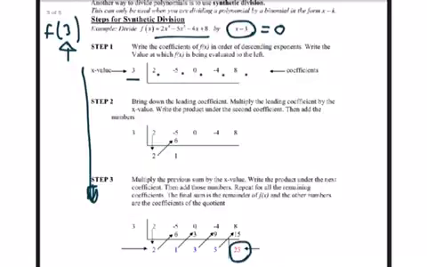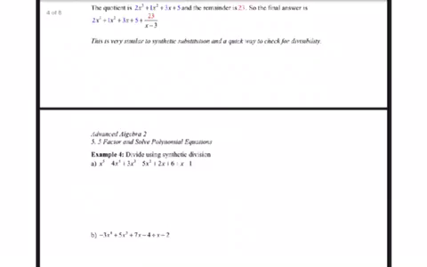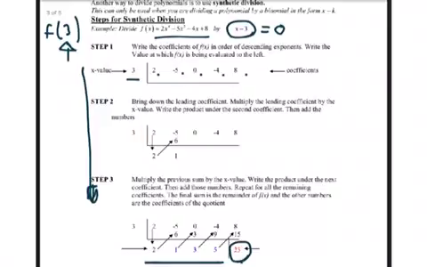Then we just have to talk about what I do with these numbers and how I write my new polynomial when I divide. So let's look at what I have for that one. We divided 2x to the 4th minus 5x cubed minus 4x plus 8 by x minus 3.